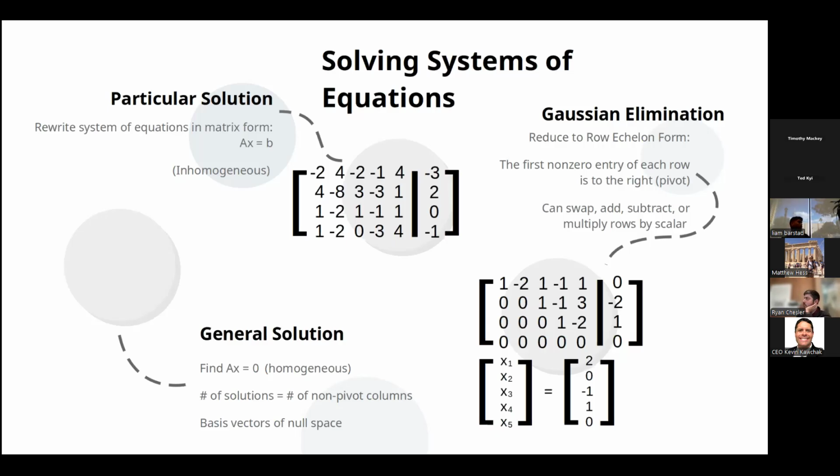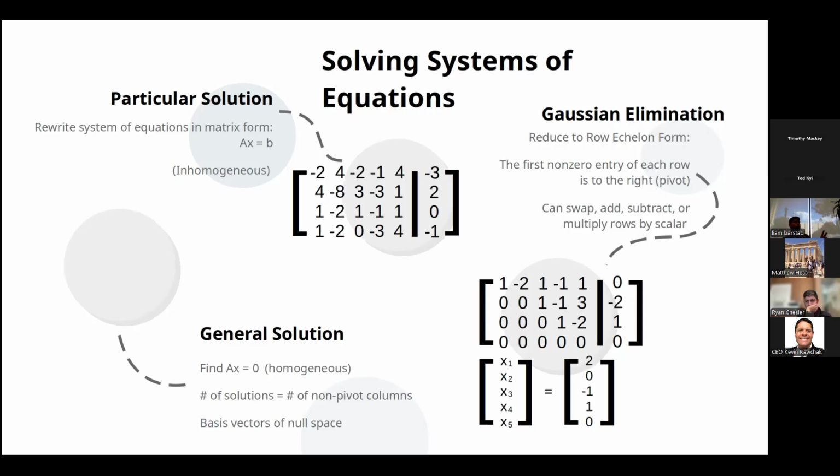So for a general solution, the way I like to think about it is, we have these columns that are non-pivot columns. That means that x2, for example, is not important to solving the equation at all. So we can find a series of coefficients for those x values that equal 0.